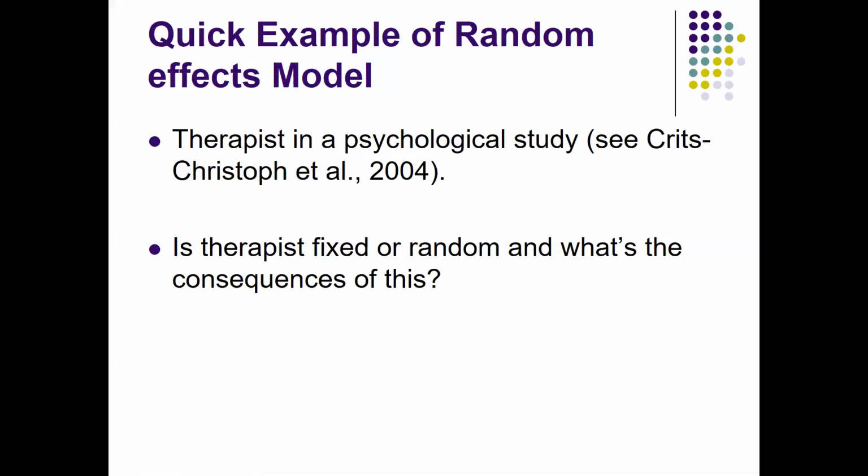So a fixed effect variable means you have a representation of all the possible levels. A random effects model means you don't. You got a random sample of all the possible levels of that variable. So this becomes a really tricky analytical component that we have to accommodate for.